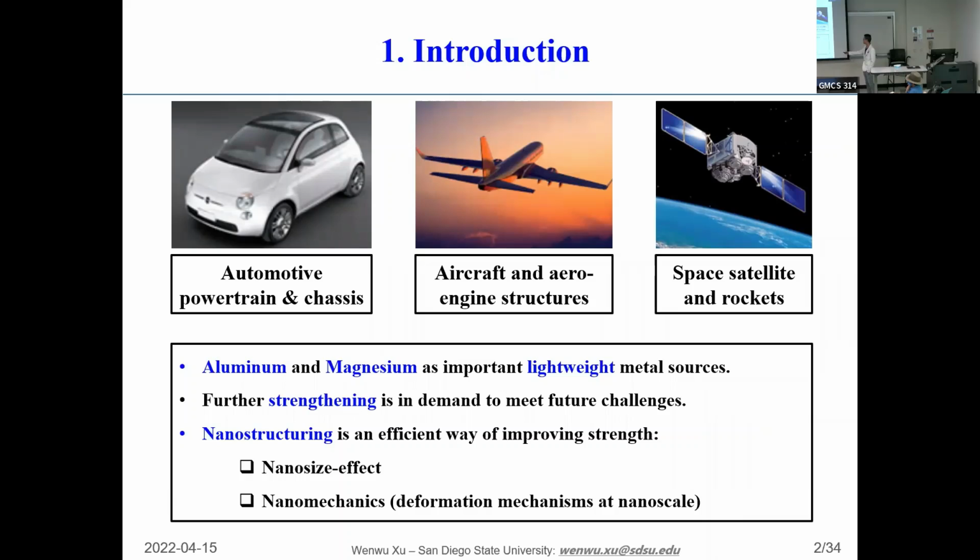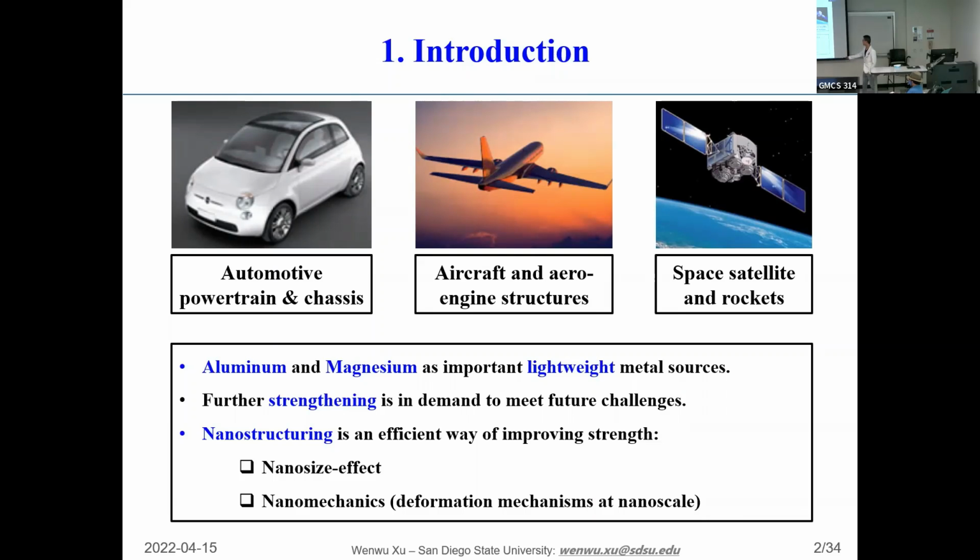And specifically, we are mostly interested in aluminum and magnesium simply because they are relatively cheaper, and they have the potential to have a higher strength through all sorts of different engineering. And of course, our idea is to use nanostructuring, specifically the nanosize effect, and also understand the nanomechanics, which is the deformation of nanomaterials that is a little bit different from what we could see in traditional materials.